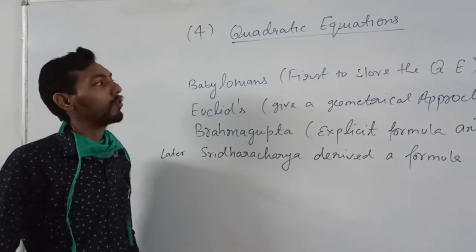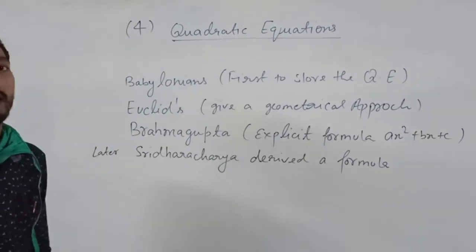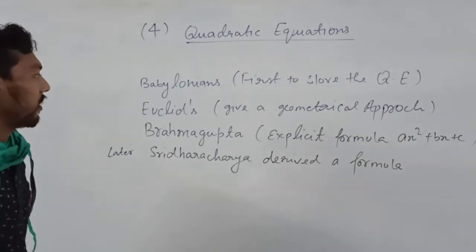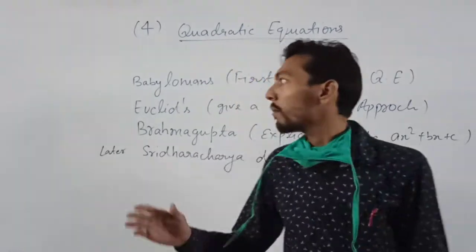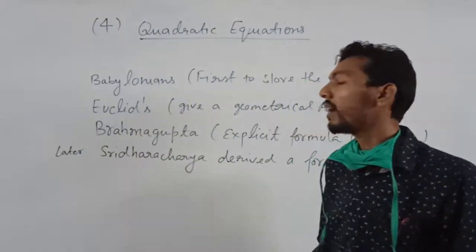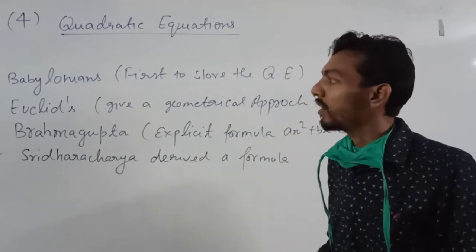Many people know that the Babylonians first solved the quadratic equation. But after some time, a Greek mathematician, Euclid, gave a geometrical approach to solve the quadratic equation.